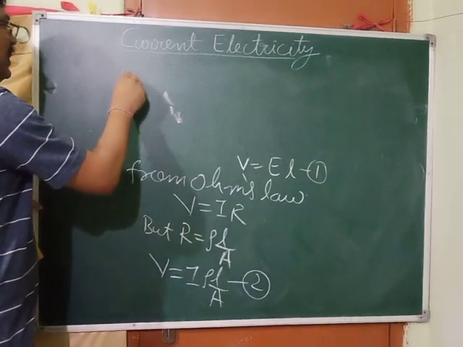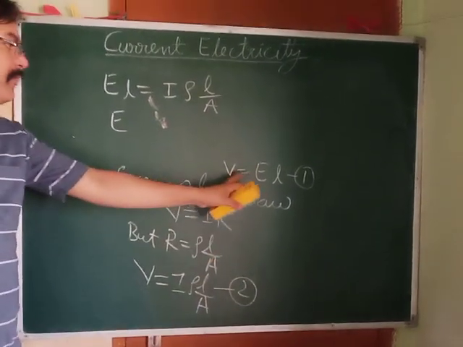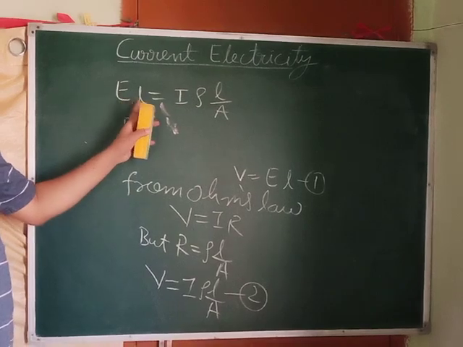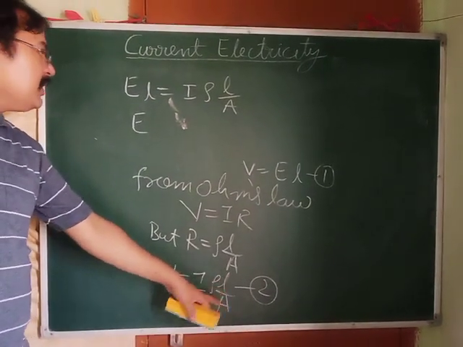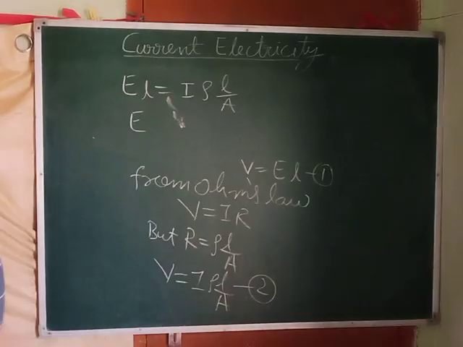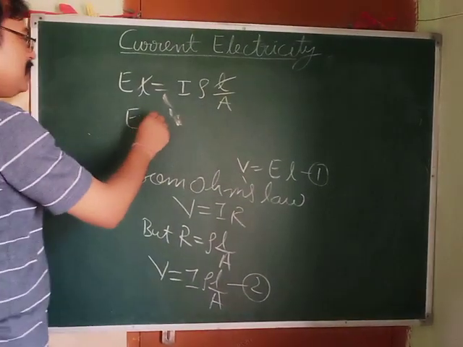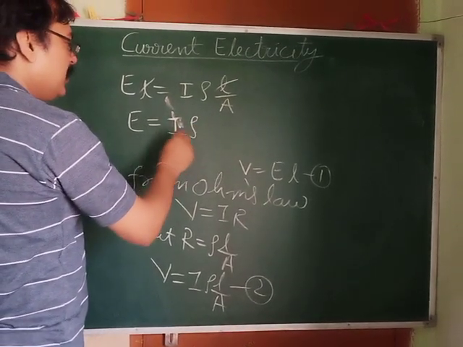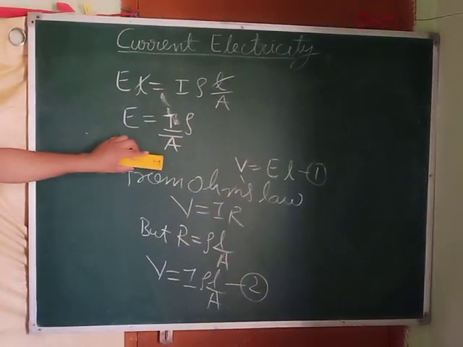So we will get E into L is equal to I rho L by A. Now this L can be cancelled out. So we are left with E is equal to I rho upon A.